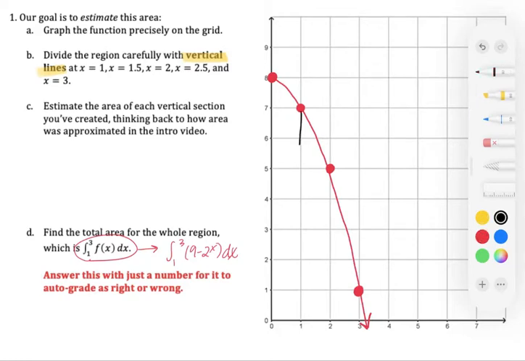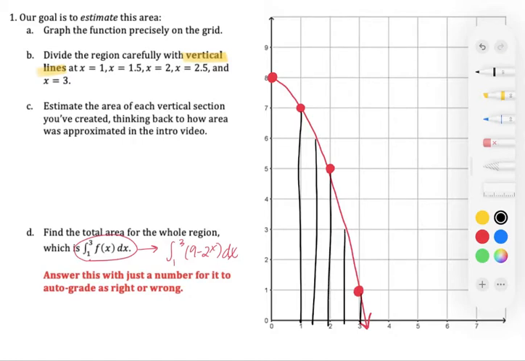So let's do that now. Let's draw a vertical line at 1, 1.5, 2, 2.5, and 3. And if you're using GoFormative, it has a straight line tool. It's amazing. Use it. So now we have these vertical sections.